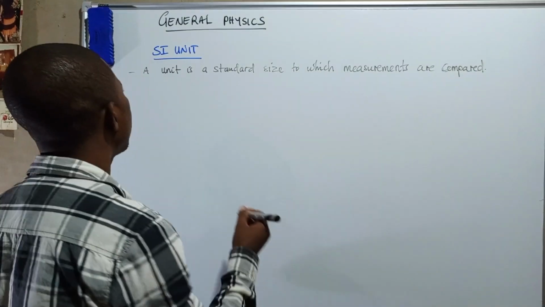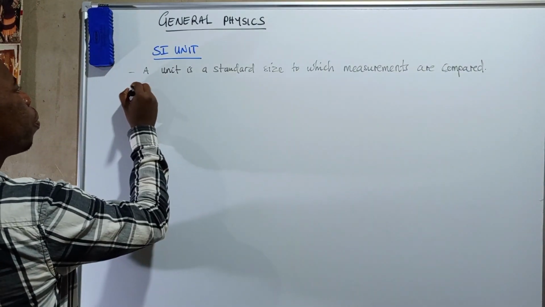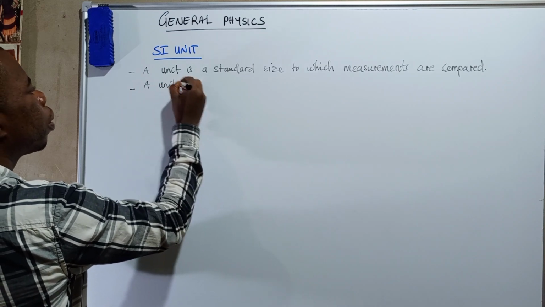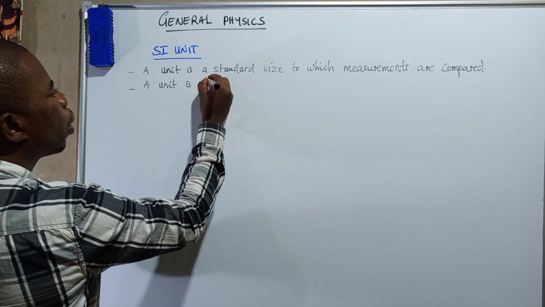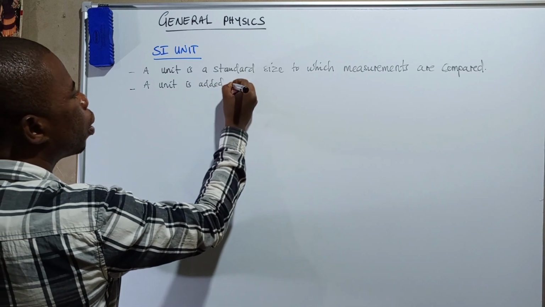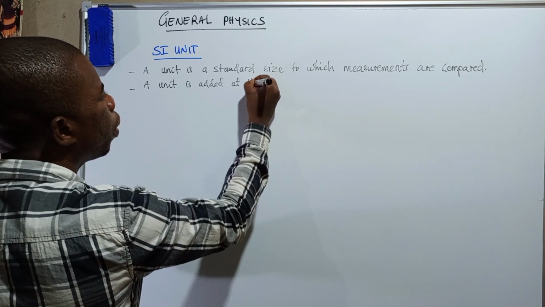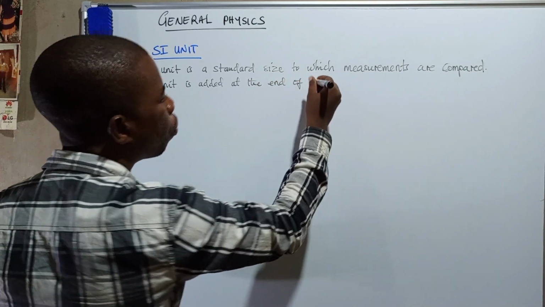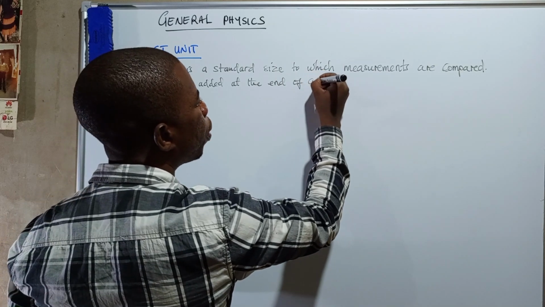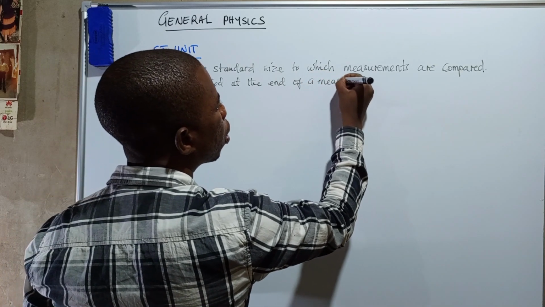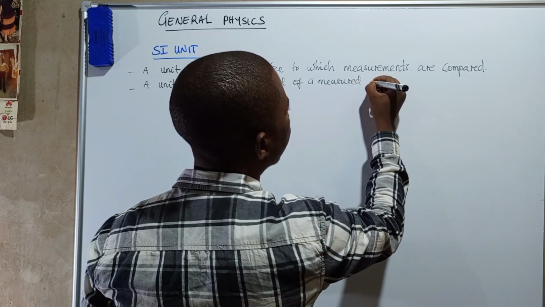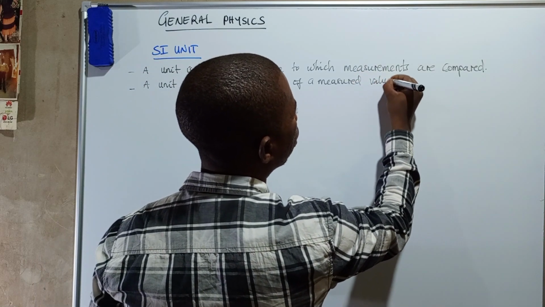So we are saying a unit is added at the end of a measured value or quantity.